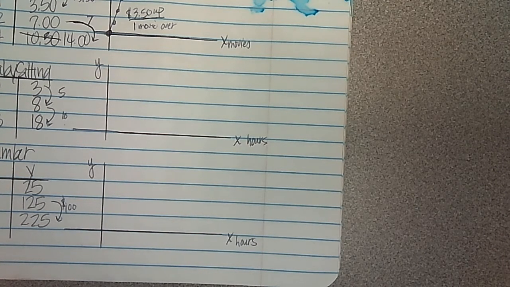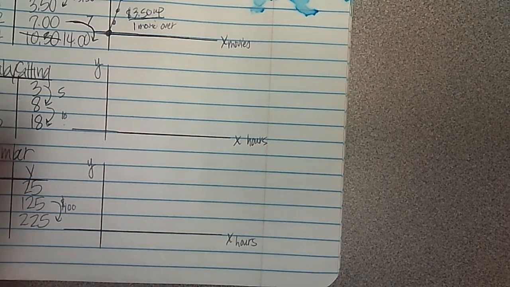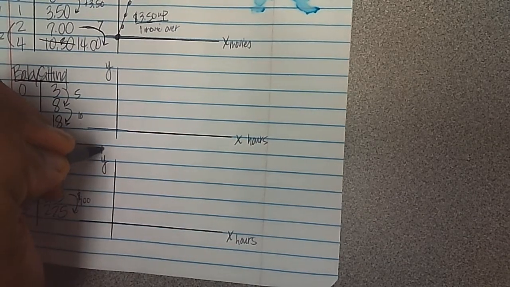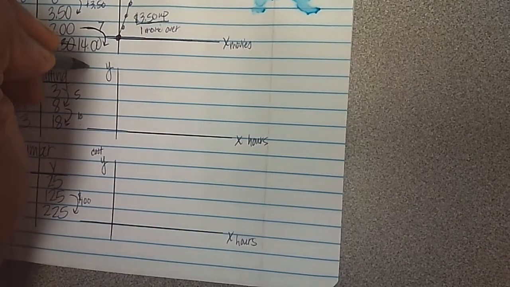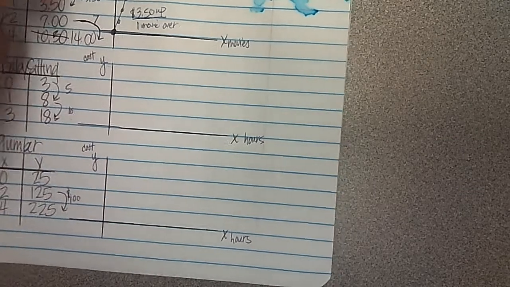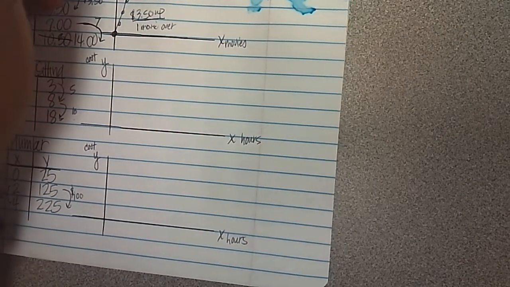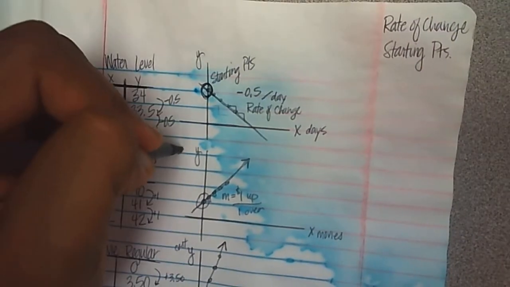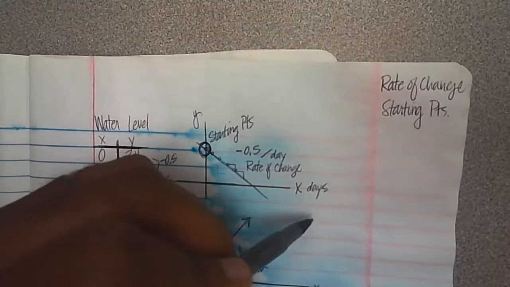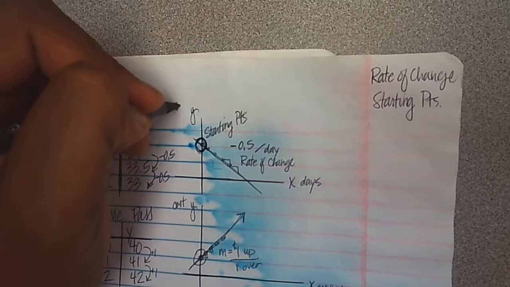So X usually is time, and it controls the other thing. So your hours of a plumber control the cost. Hours of a babysitter control the price. The number of movies controls the cost. And the number of days controls the water level.